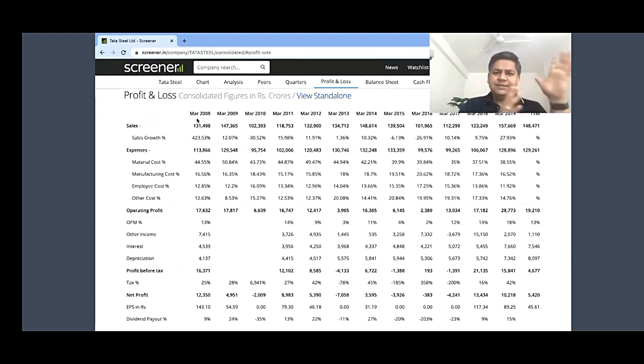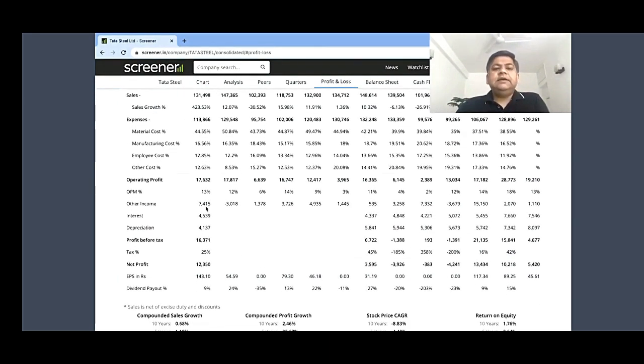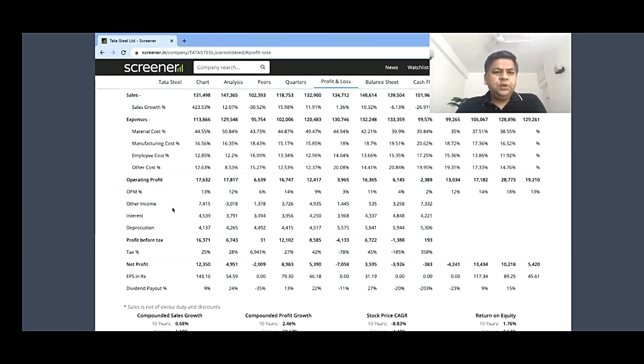They made a sale and incurred a cost, and whatever is left is the operating profit they are showing. Then they add other incomes here after operating profit.